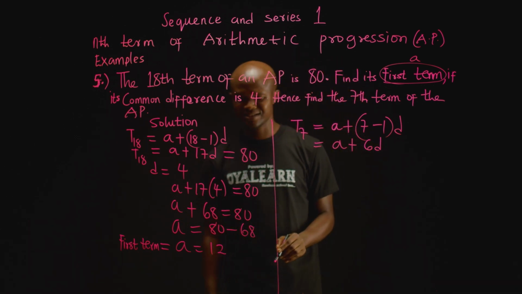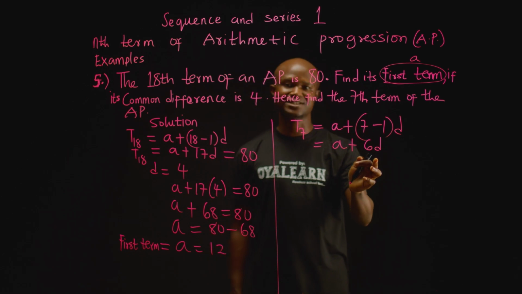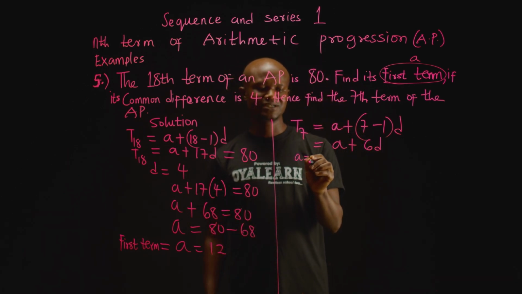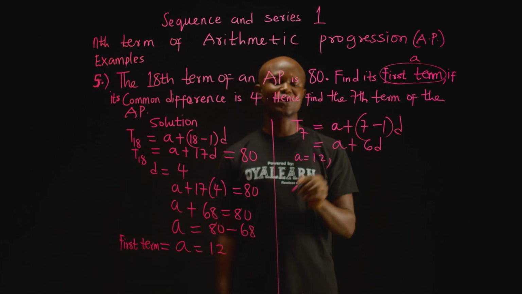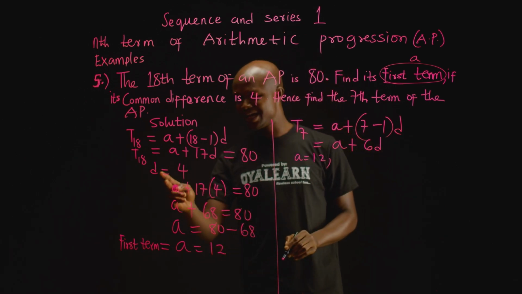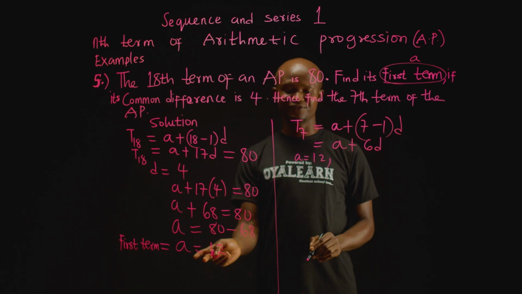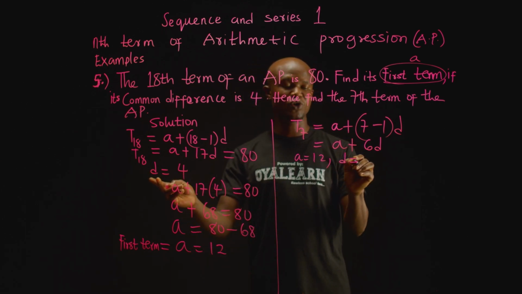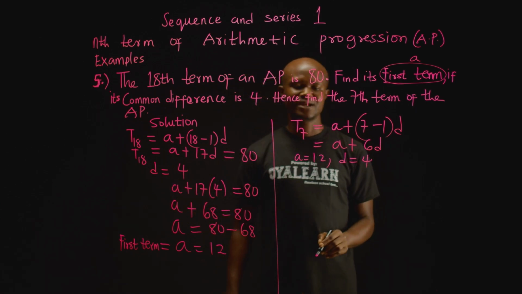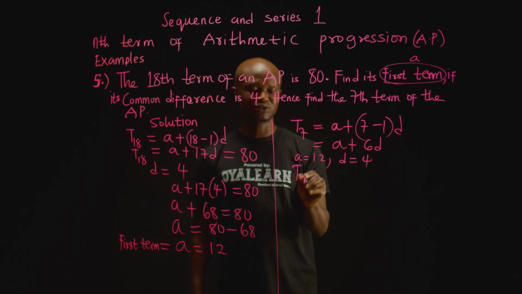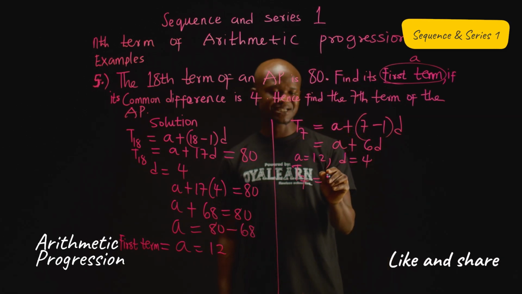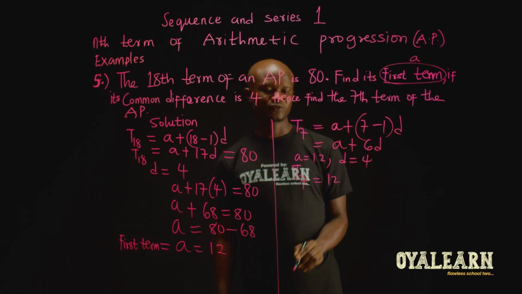So, in this case, since we have A plus 6D, and we know the value of A to be 12 from the solution, and we also know the value of D to be equal to 4. For us to find T7 now, it means that anywhere we see A, we replace it with 12.